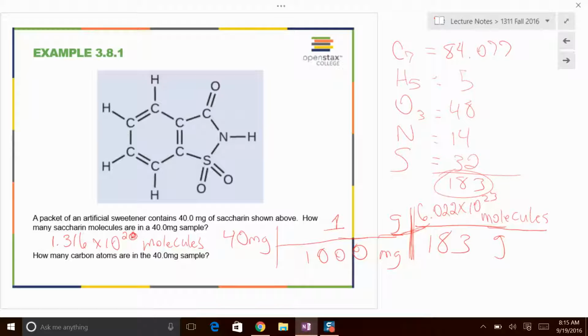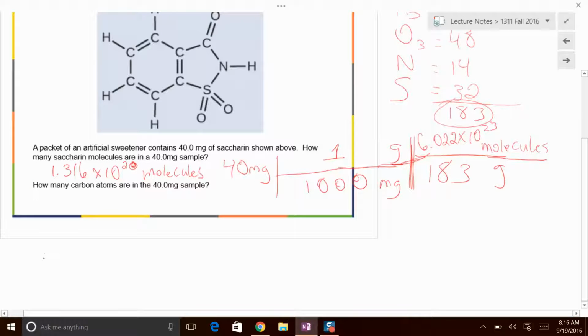Does it have to do with the moles? Nope, not with the moles. Yeah, it is a ratio of carbon atoms to the rest of the molecule. You're on the right track. So we're starting with 1.316 times 10 to the 20th molecules, and we want to go to carbon atoms from the molecules.